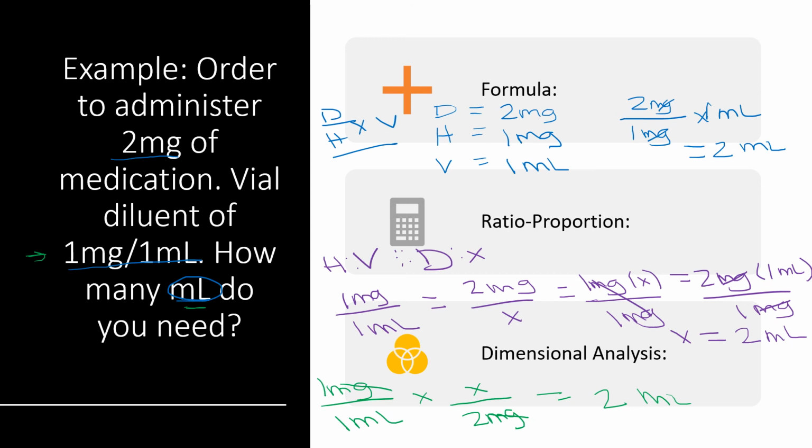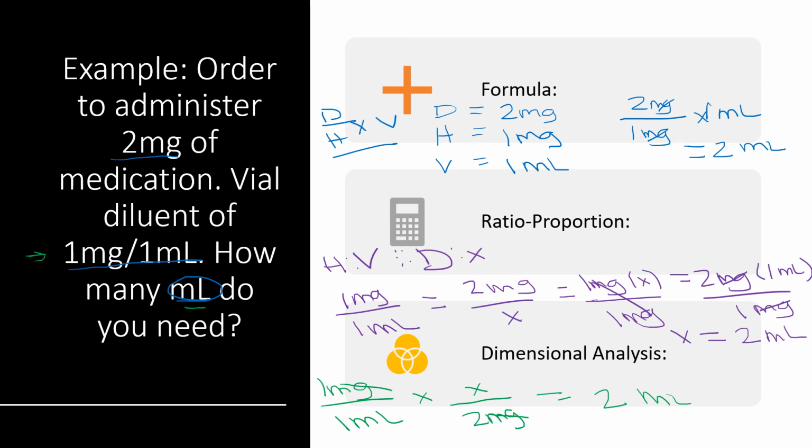This seems to be the easiest as we progress through with other problems and other formulas, because we can just take the desire over have times the vehicle and manipulate it just slightly so we're using the same base, if that makes sense.